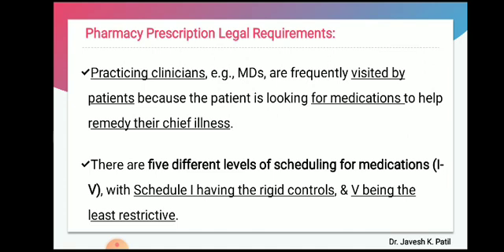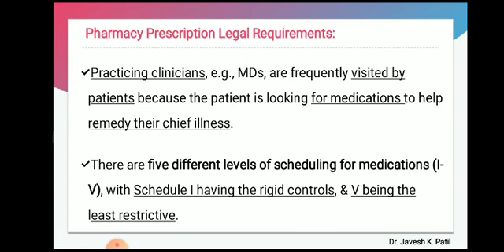Generally these medications have certain restrictions. The first schedule medications are the most restrictive, and even the physicians are not allowed to write them in the prescriptions, while from second, third, fourth, and up to the fifth, even the fifth one can include some OTC products also.